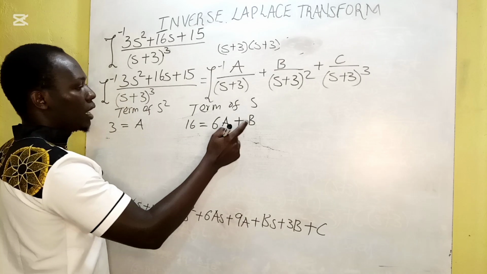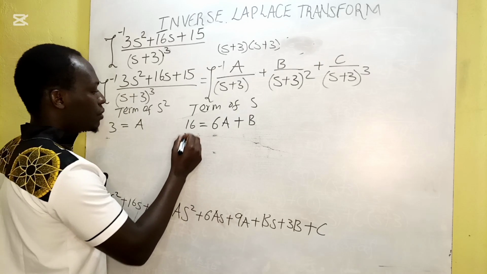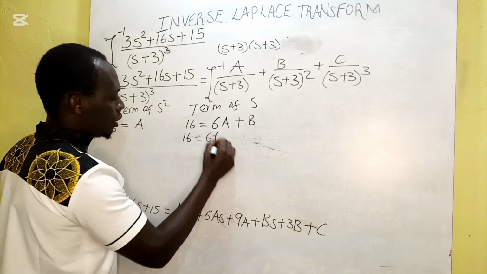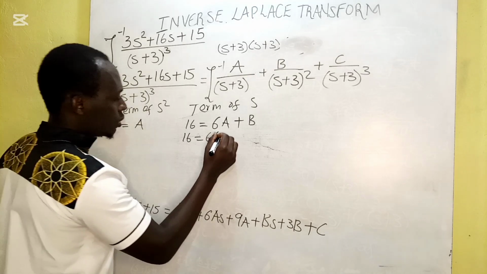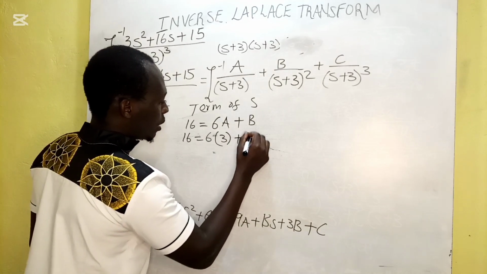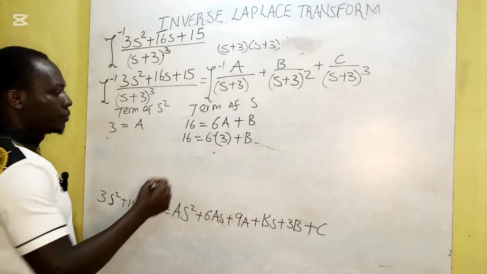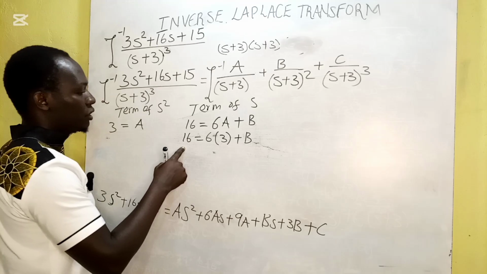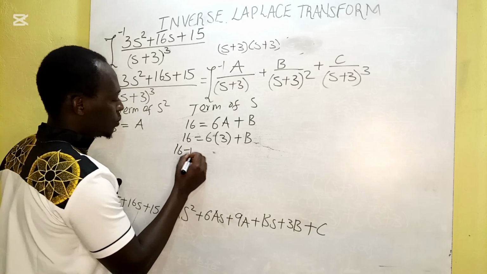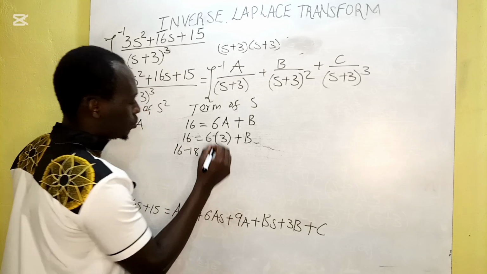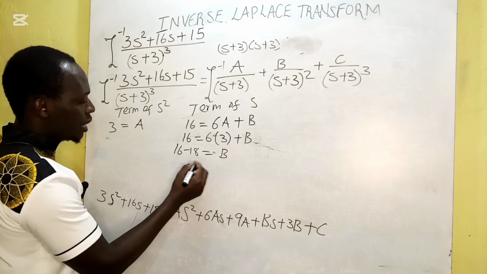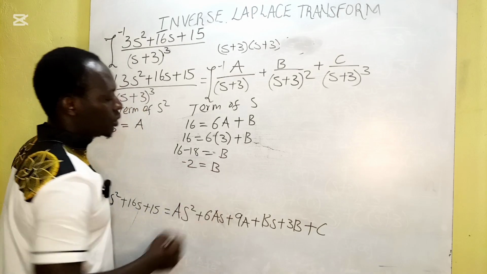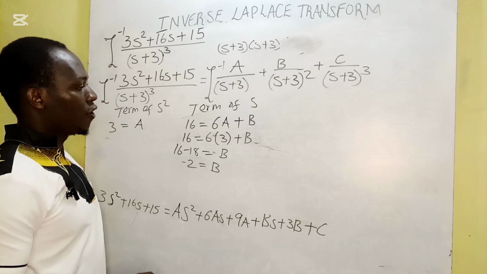To mean that our value of b, we are going to have 16 is equals to 6 into a was equals to 3. We come and add to b. And here we are going to have 18. When we take 18 to this side, we are going to have 16 subtract from 18 is equals to b. And our value of b now is going to be equals to a negative of 2. That is our value of b.